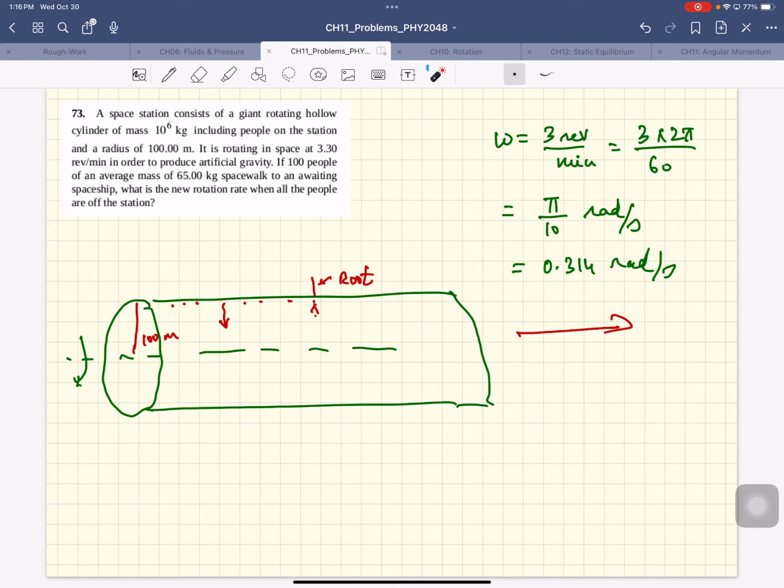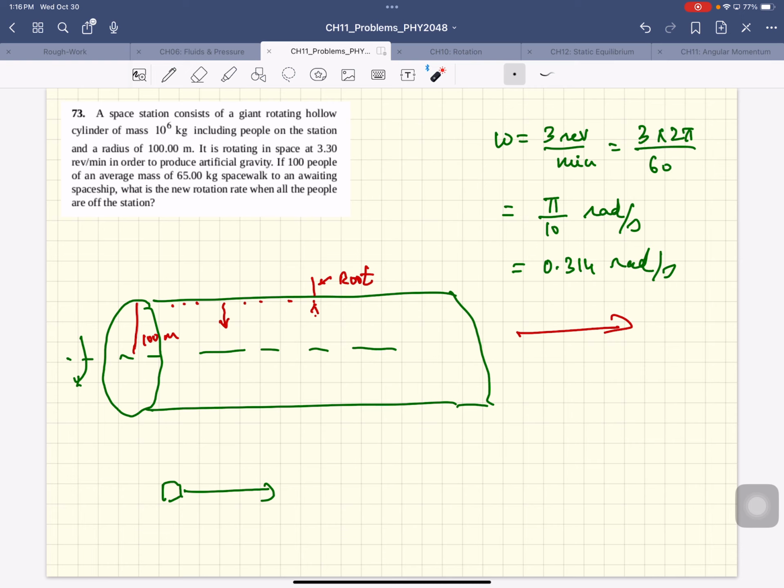If 100 people of average mass 65 kg spacewalk to an awaiting spaceship, what is the new rotation rate when all the people are off the station? So the problem is an angular momentum collision problem. 100 people got off the space station onto a spaceship and went off.